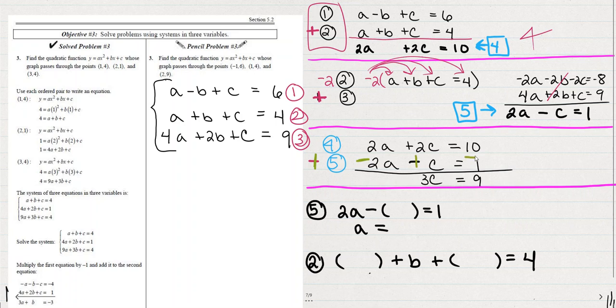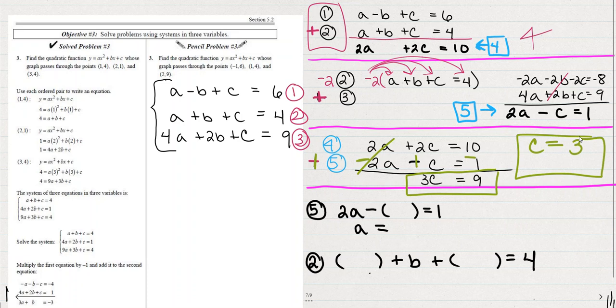So I'll change each of these three to their opposites: 2a, c, and 1 become negative 2a plus c minus 1. 2a minus 2a cancels each other out. 2c plus c is 3c. 10 minus 1 is 9. So I now have solved for c. It looks like c is equal to 9 divided by 3, or c is equal to 3.